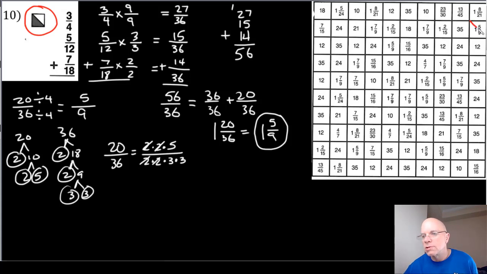And so you shade this bottom left-hand corner for every 1 and 5/9 you see. I see one there. I see another one here. You'll get a kind of an interesting pattern if you shade all your answers according to the pattern that's given.